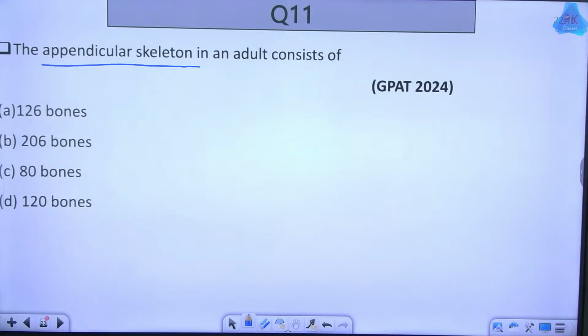So the total bones present in the adult is 206.